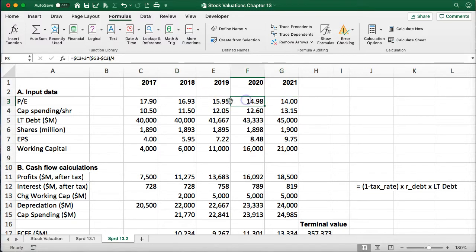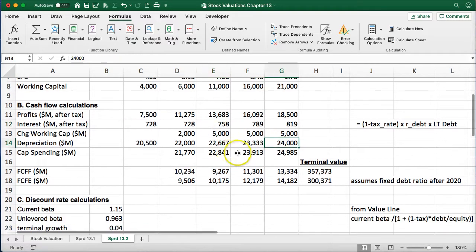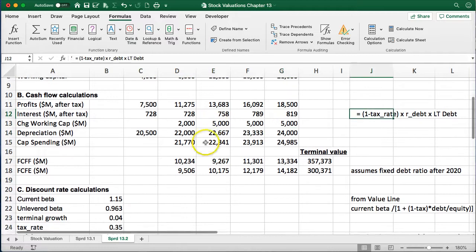So you can see that we're using the same value to estimate this PE multiple. Okay, and these are all calculations using these formulas in here for the tax rate. So you can see the tax rate here, and the long-term debt.